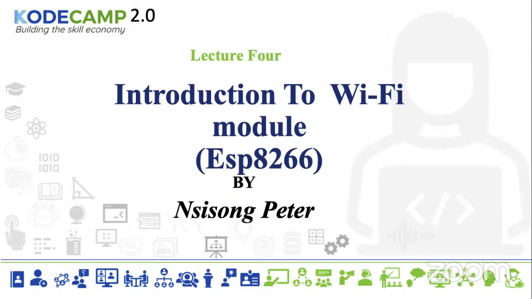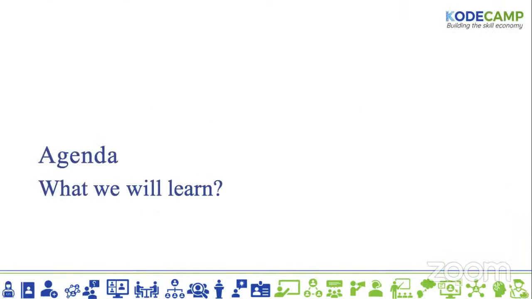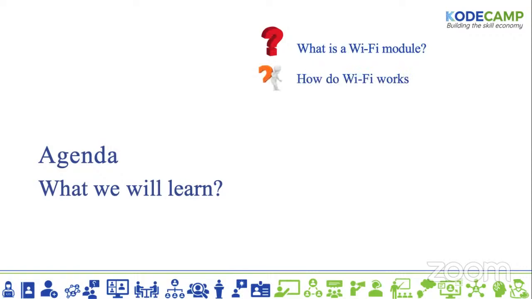Now, we have an outline of what we are going to look at, the agenda for what we'll be learning today. We'll talk about what a Wi-Fi module is, and then we're also going to talk about how Wi-Fi works, because you need to know how they work before you are able to make good use of them.